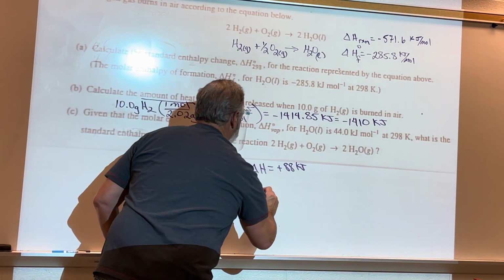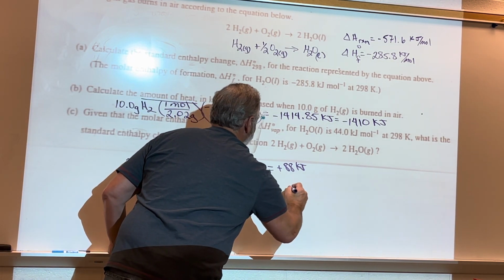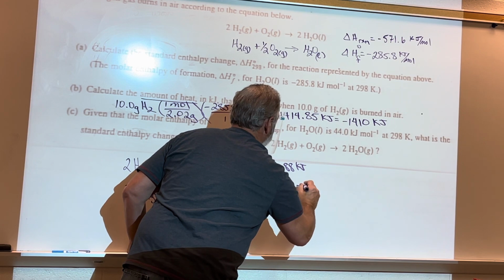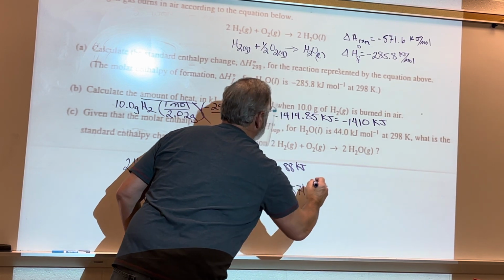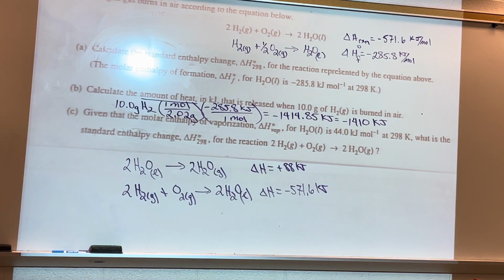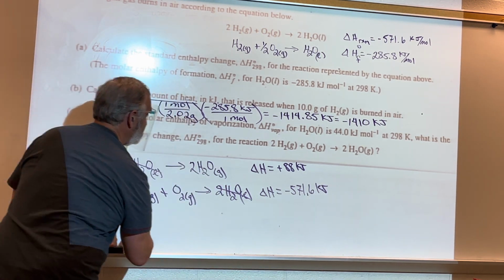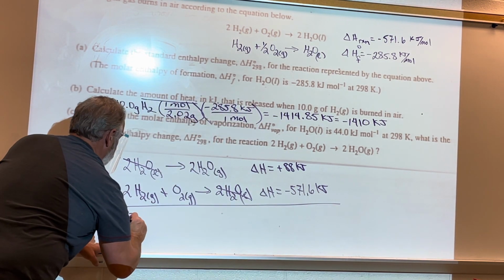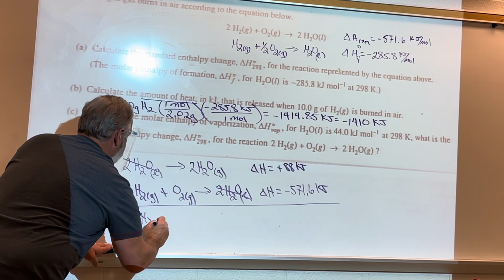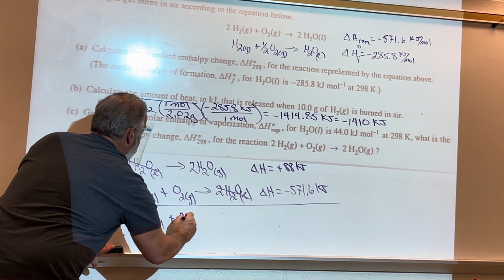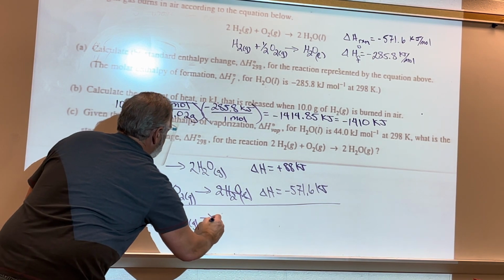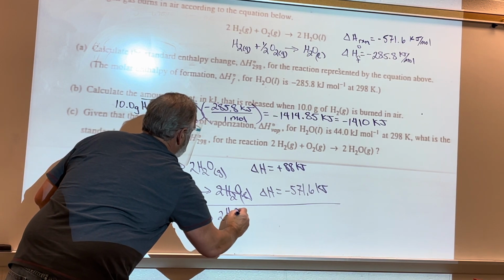So the delta H of this one, and this is going to be the right answer, negative 571.6 kilojoules. I don't know what we did on the last one to make it not work, but then I'll cancel out. 2 H2Os cancel out. So I'm left now with 2 H2 gas plus O2 gas yields 2 H2O gas.